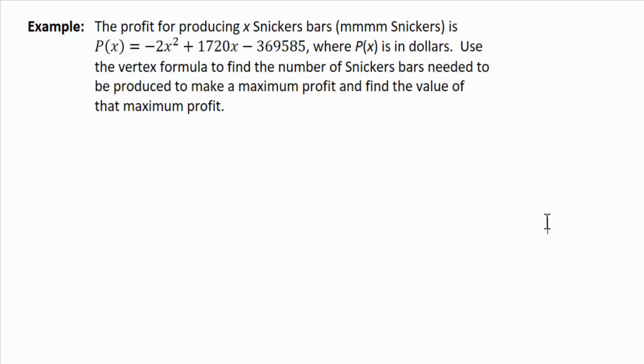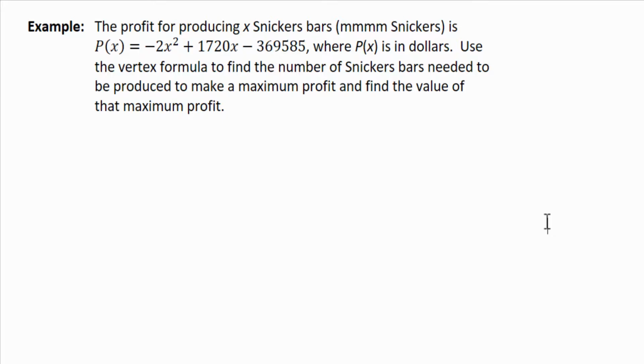If you produce too many Snickers bars, there's going to be a bunch that go uneaten. Why is that bad? Because it costs you money to make Snickers bars. You have to buy wrappers and chocolate and caramel and peanuts. You have to pay for labor and cost of energy. You have to pay for all that stuff, right?